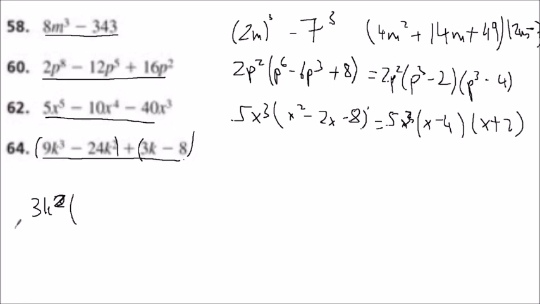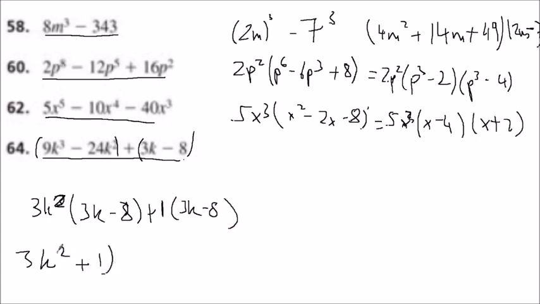And then 9k cubed divided by 3k squared is just 3k, right? And then 24k squared divided by 3k squared is just going to be minus 8. See, right here there's a 3k minus 8, and then there's a 3k minus 8 right here. So it'll just be 3k minus 8 again. And then this is automatically 1. So then we can just do 3k squared plus 1 times 3k minus 8.